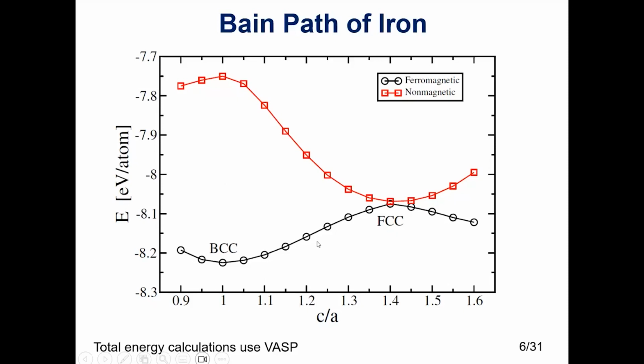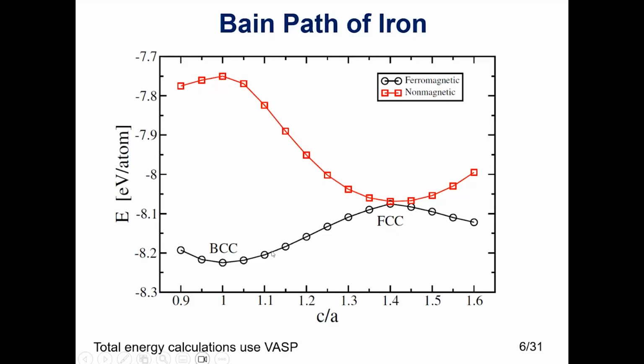Okay, so these are the VASP total energies. For iron, you see that magnetic iron prefers to be body-centered cubic. Another way of looking at that is that non-magnetic body-centered cubic iron is unfavorable, and iron wants to magnetize, as we all know.